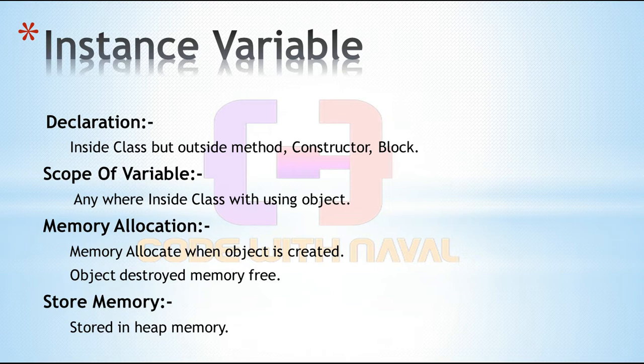Memory is allocated when the object is created, and released when the object is destroyed. As we saw, a local variable is stored inside stack memory and an instance variable is stored inside heap memory.